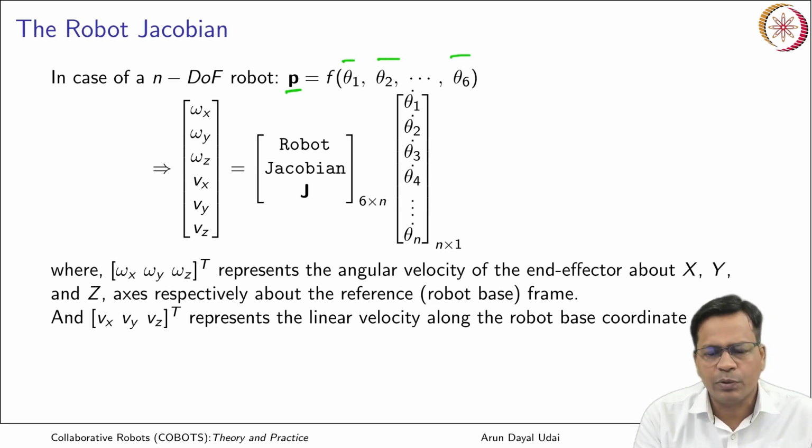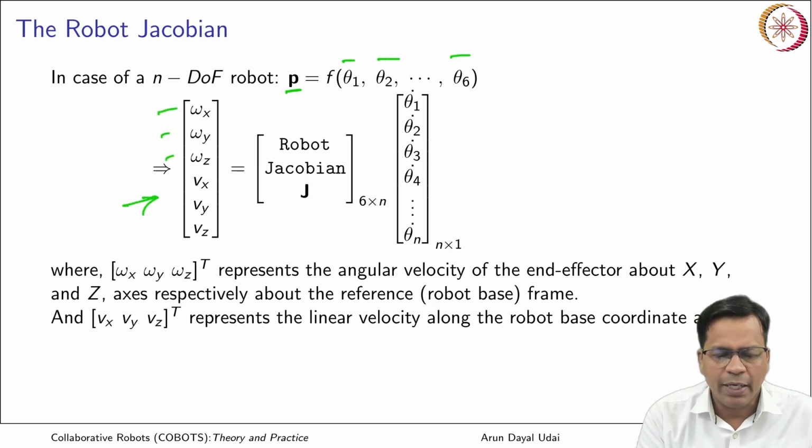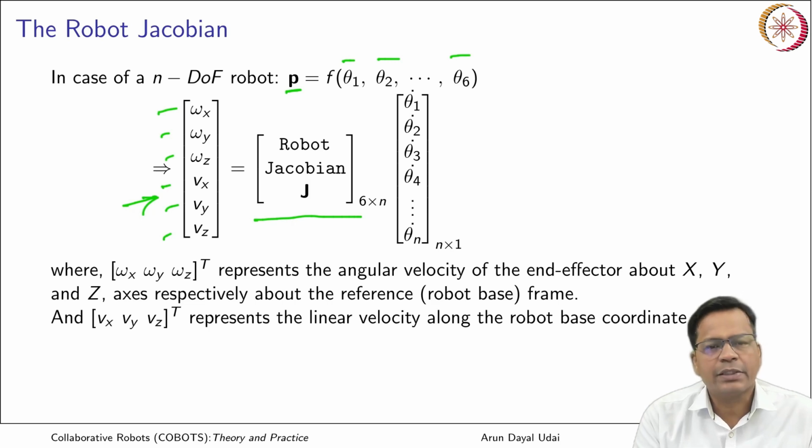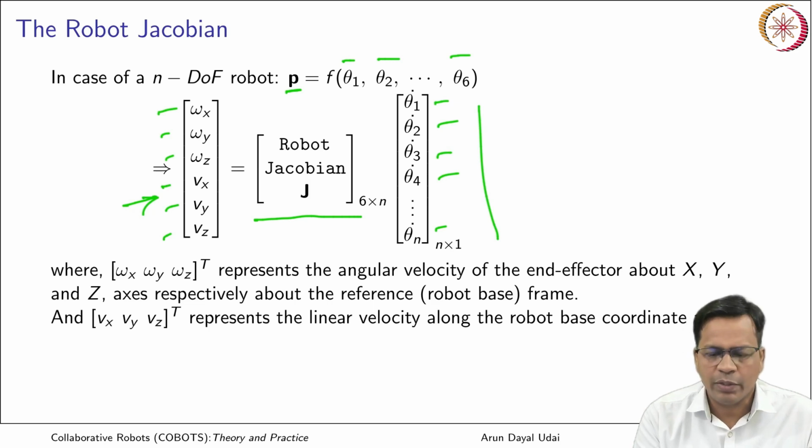The end effector rates, meaning the angular and linear velocities of the end effector, are related using a 6 cross n Jacobian, where n is the degrees of freedom of the robot, and theta 1, theta 2, theta 3, theta 4 up to theta n are the input joint variables. Joint variables can be rotary or prismatic.